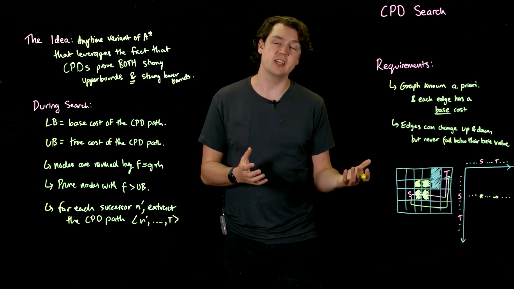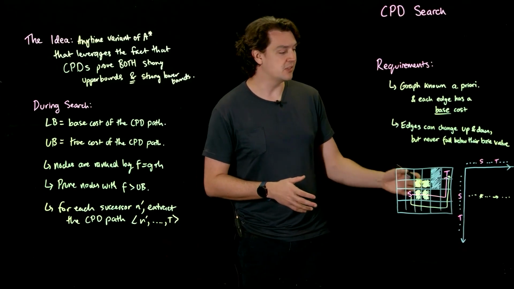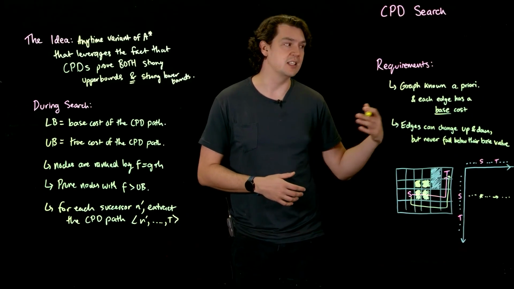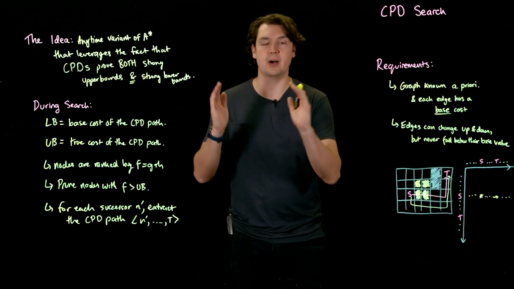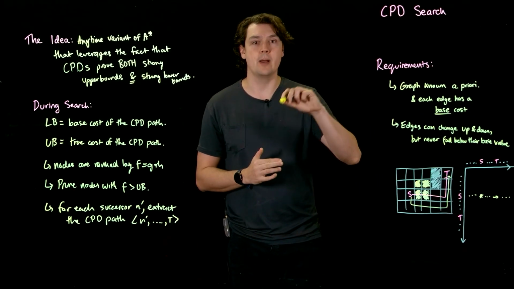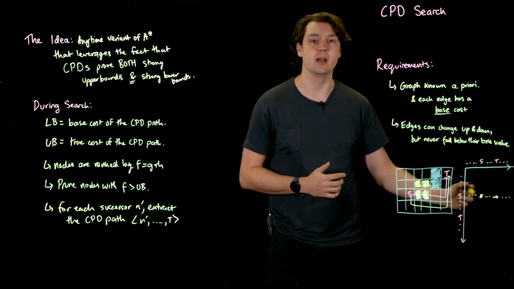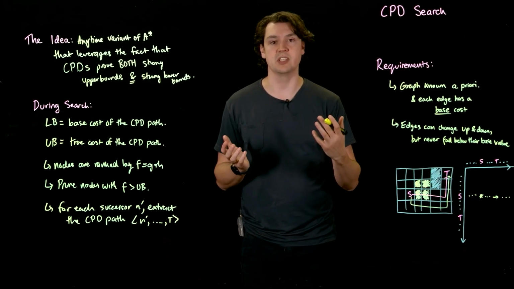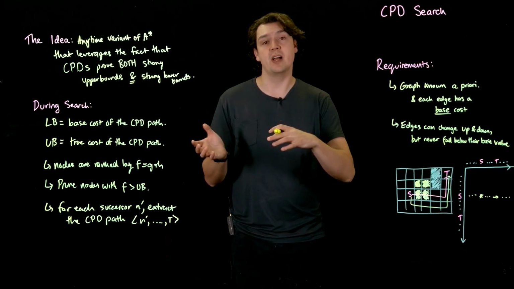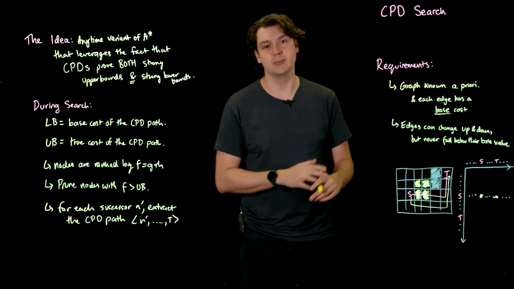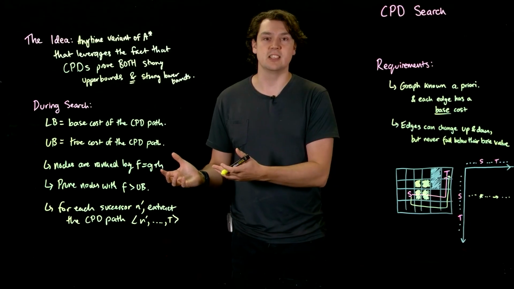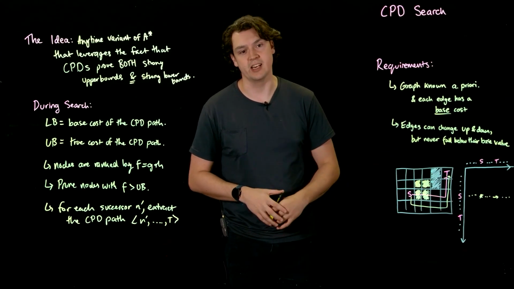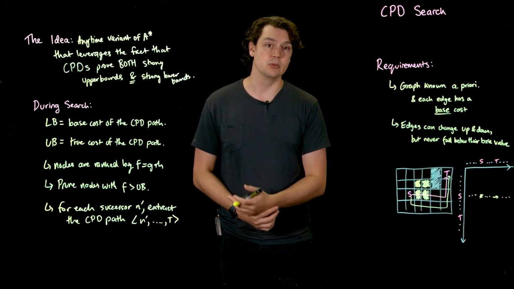So if we're caching that information, we don't have to extract it from the CPD every time, which for a path of length m would cost m log n, because we have to do a binary search to find each one of the correct columns within the CPD. We essentially transform that into something like O(1), more or less, because we've already seen this information and cached it, so we never have to look up the same information again. So that also improves CPD search.